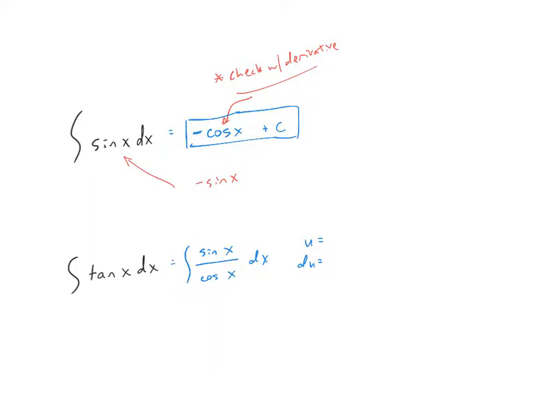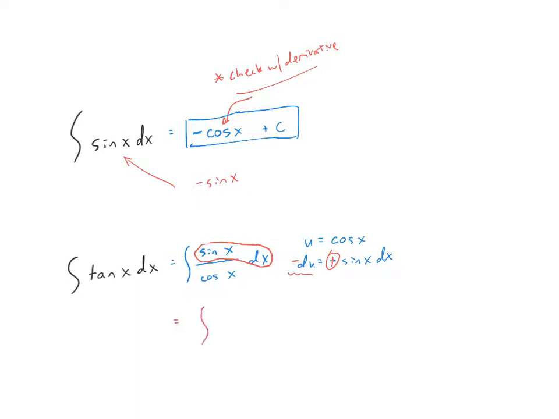So if I set u equal to the denominator, cosine x, and du is negative sine x dx, I can make my u substitution. That negative, I'm going to write over on the other side. Divide both sides by negative 1 is the formal way that we think about that. When I make my u substitution, the sine x dx is negative du.